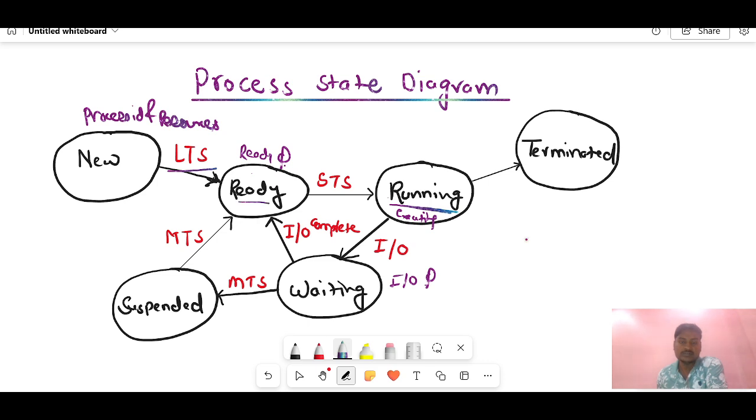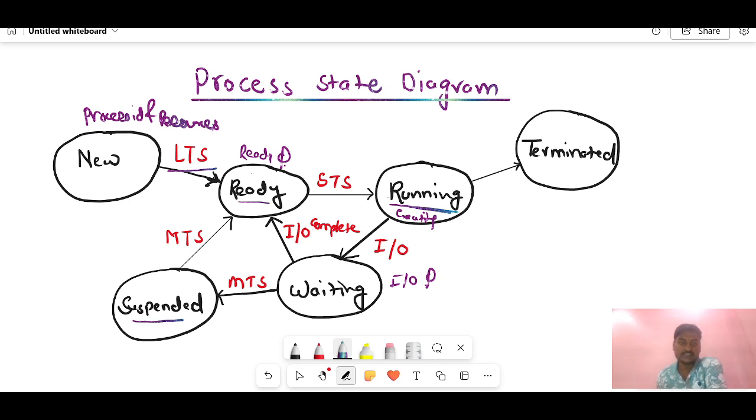Okay, so if the process is idle for a long time, meaning it is not doing IO or not performing any functionality, the middle-term scheduler will swap that process to swap space in the hard disk.